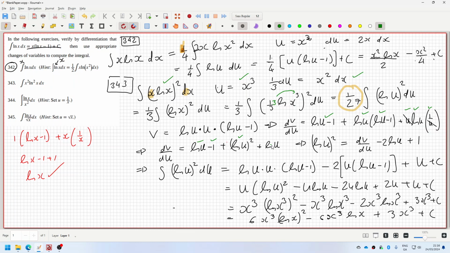Did I do something wrong here maybe? Log u minus 1 plus log u squared. Why have I got plus log u here? The minus log u cancelled. So it should just be this. So that means log u squared equals dv du minus log u plus 1.